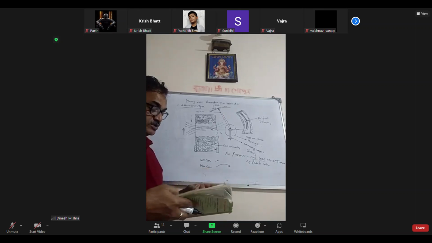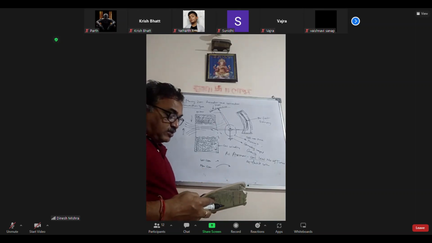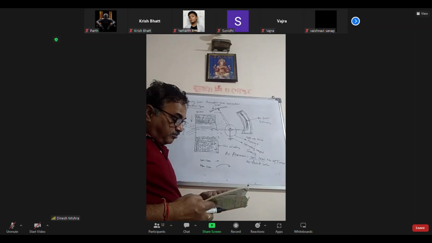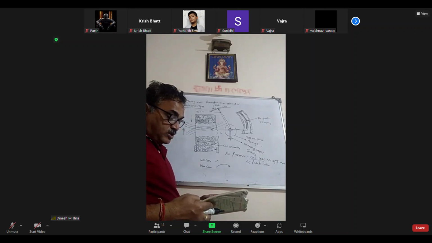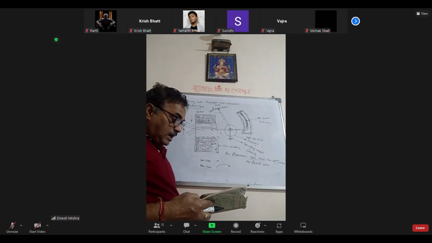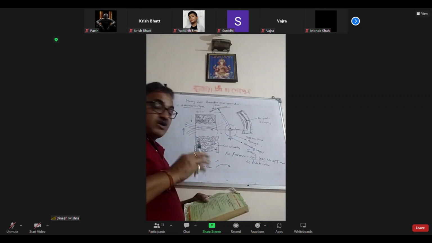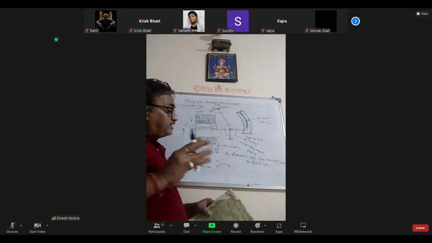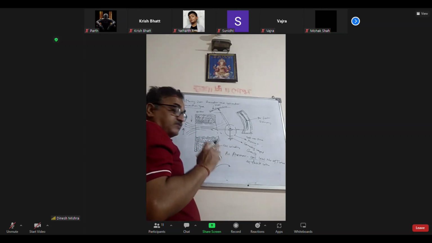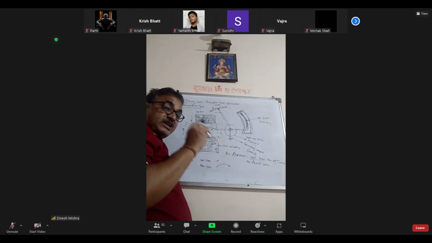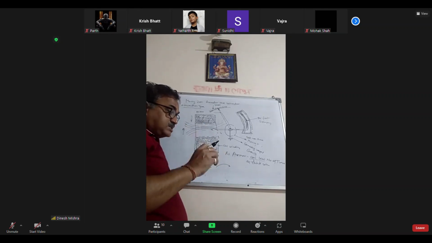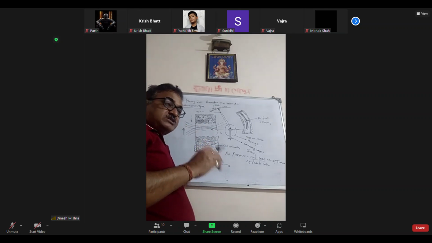So if the instrument is used as an ammeter, the coil has comparatively few turns of thick wire, so that the ammeter has a low resistance to allow the flow of maximum current, and the instrument is connected in series with the circuit. The ammeter is always connected in series. It has less resistance, to pass the maximum current.